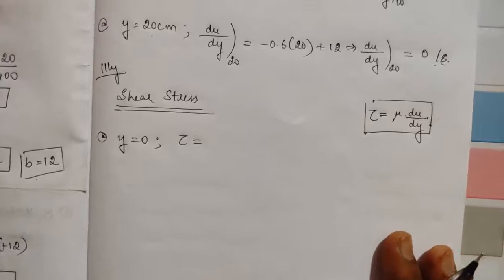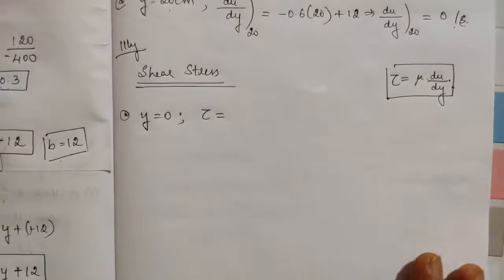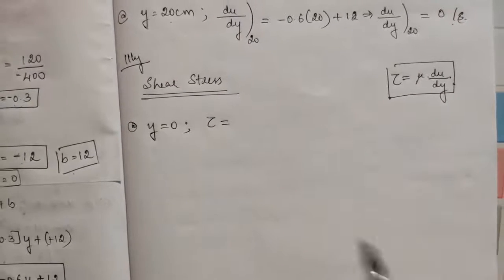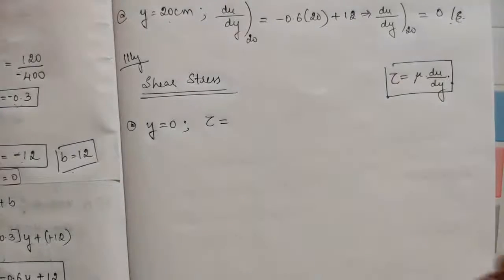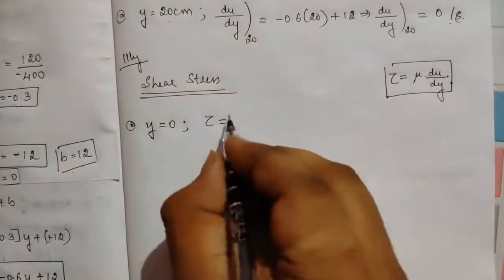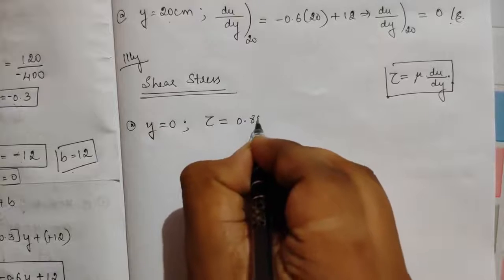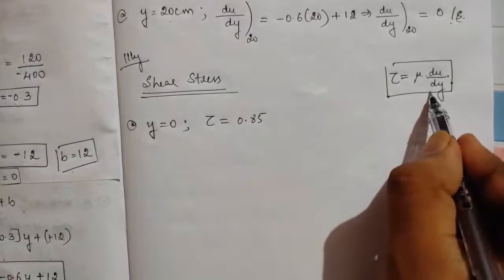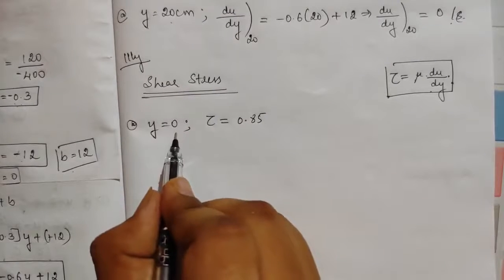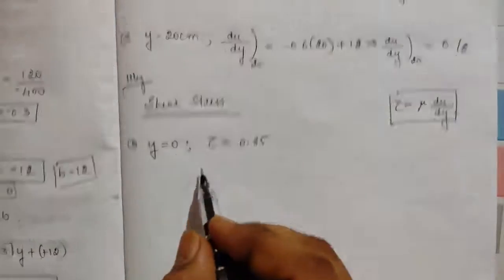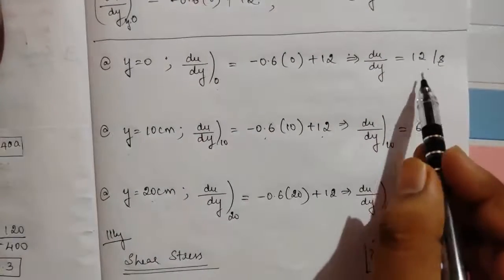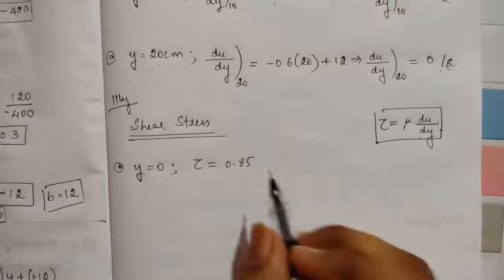So tau is equal to 0.85 into du by dy at y equal to 0. The value of du by dy at y equal to 0 is 12.